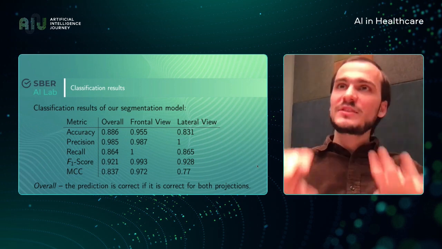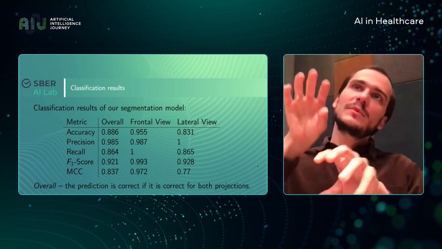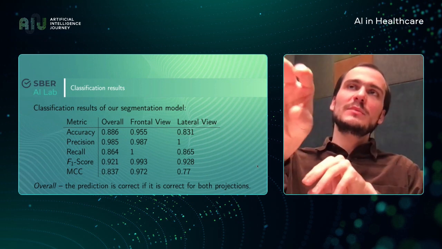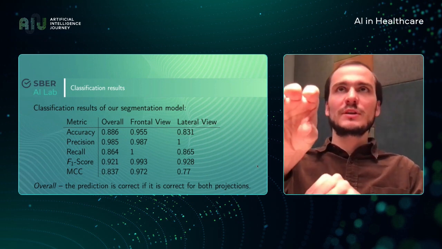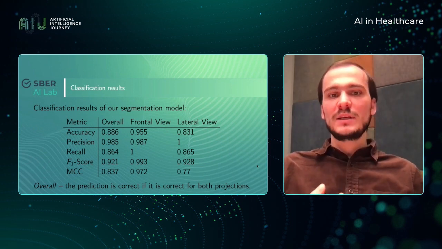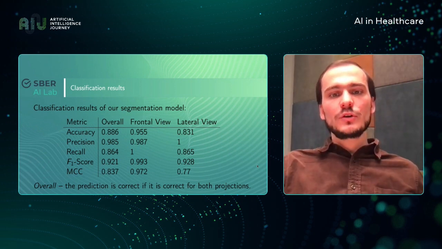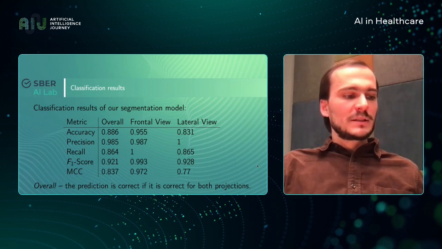In all other cases, it is wrong. So, for instance, the marking area is wrong, or the model does not predict the pneumonia. These cases were just crossed out.